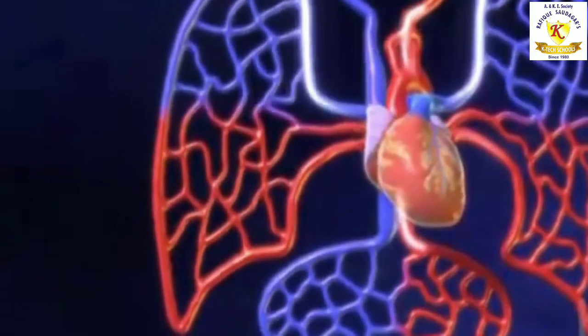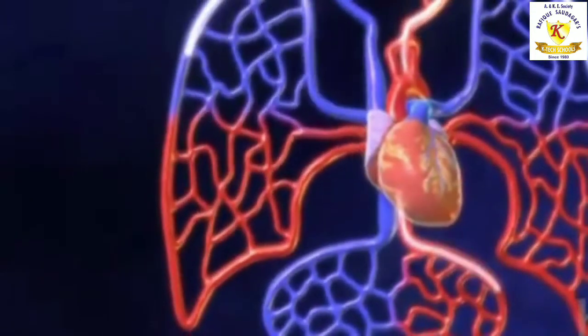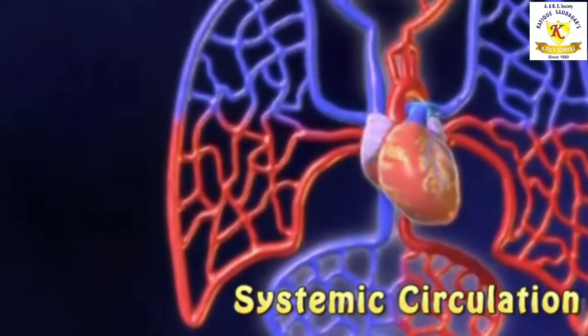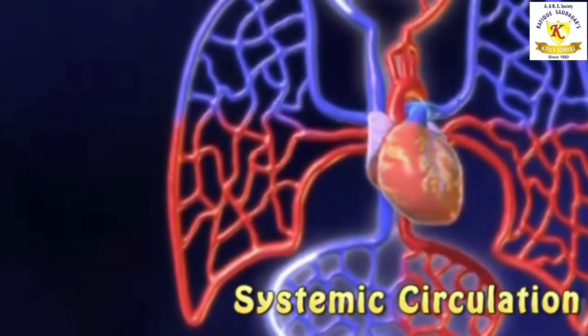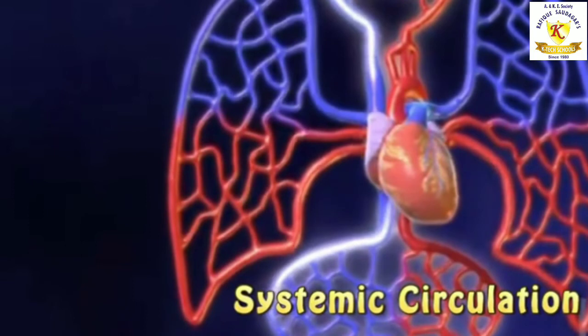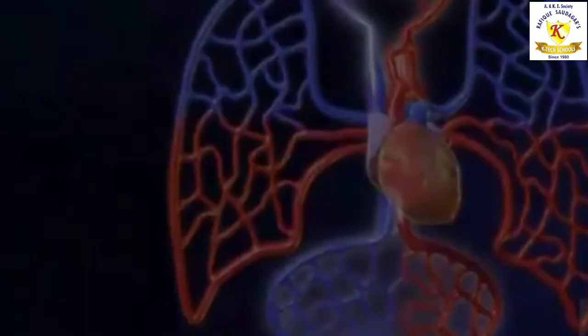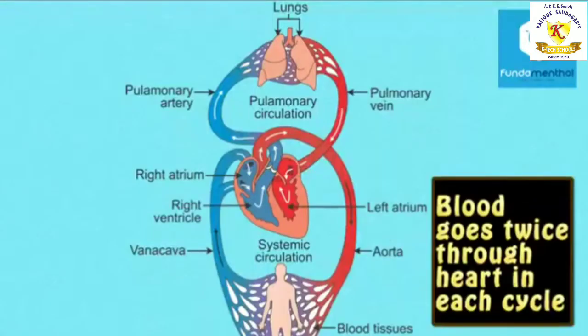And the lower circulation, where the blood is transferred from the heart to all parts of the body and then returns to the heart again, is called systemic circulation. Got it, children? So children, blood goes twice through the heart in each cycle.